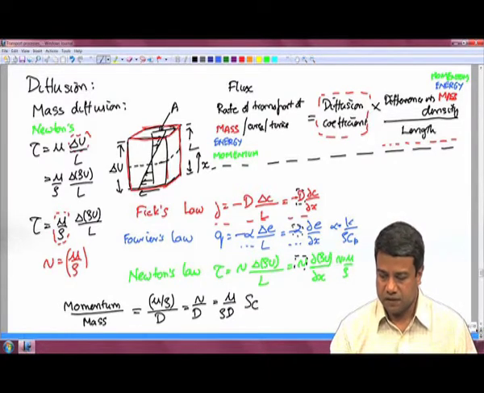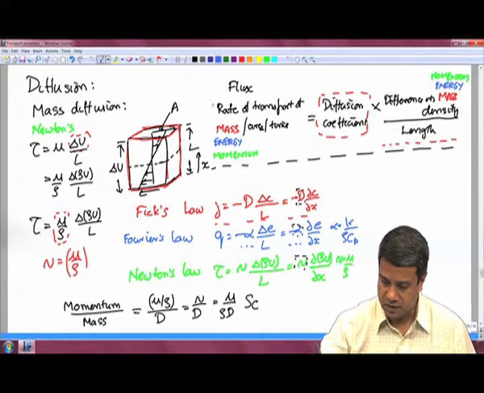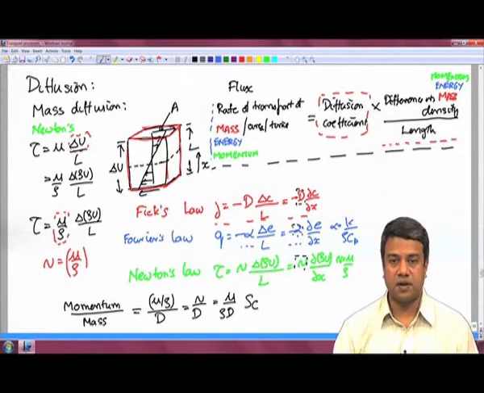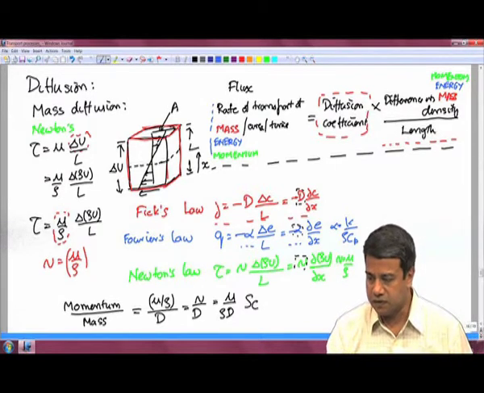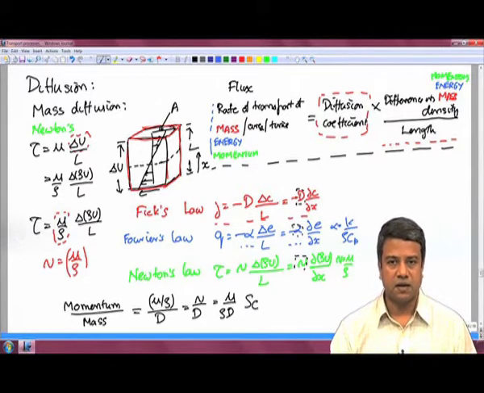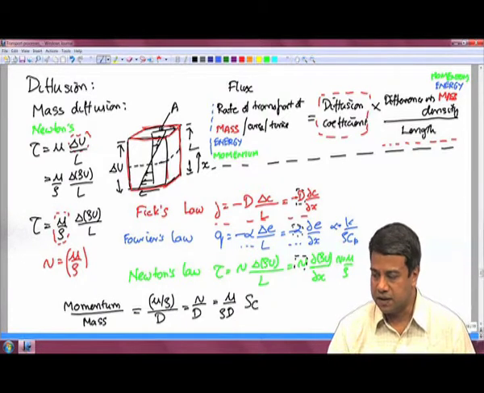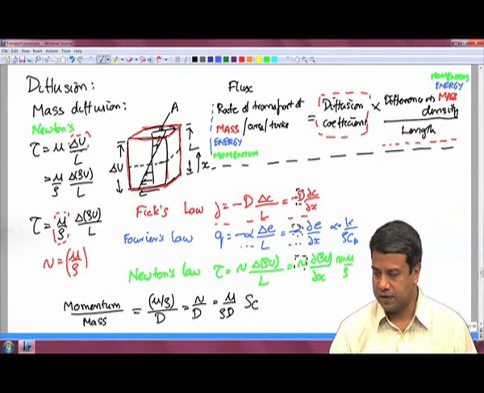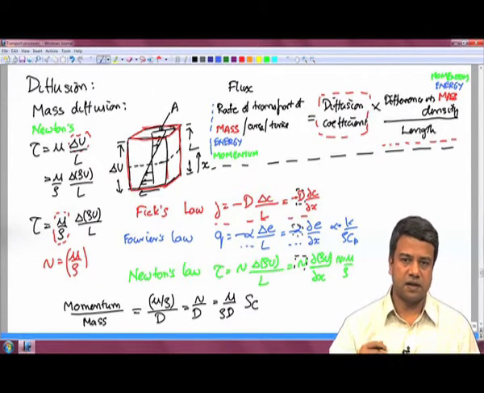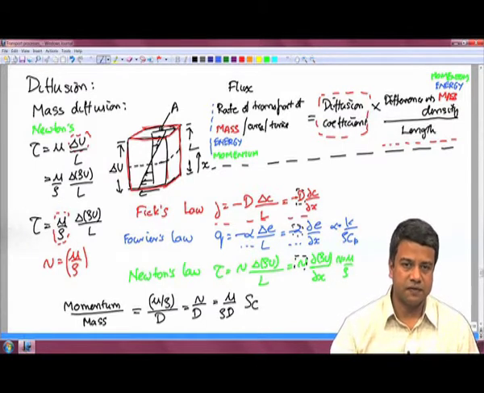And the flux, which is the rate of transport per unit area, per unit time, can be written as a diffusion coefficient times the difference in the density of whatever is diffusing, the density of mass, the density of momentum or the density of energy, divided by a length, the cross stream length across which there is the variation.